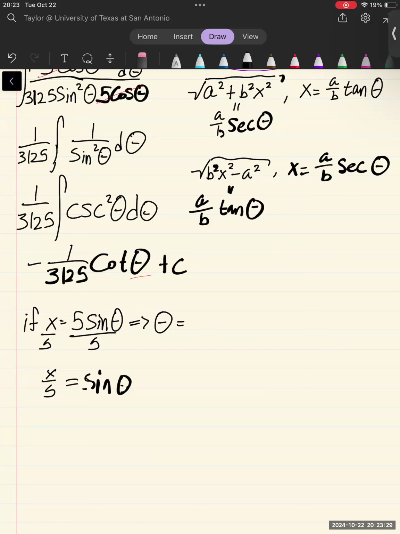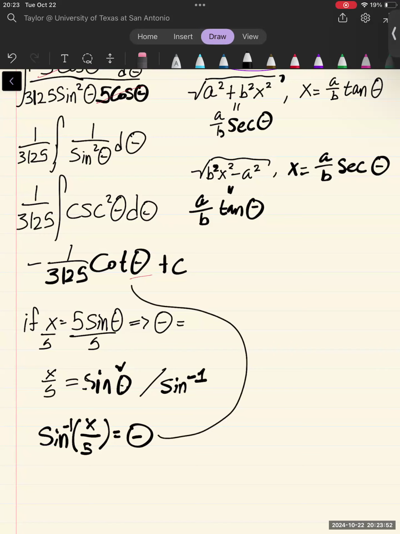And then to isolate the theta, I'm going to multiply by sine inverse, giving me sine inverse of x over 5 equals theta. And then I'm going to take this and substitute it in right here.